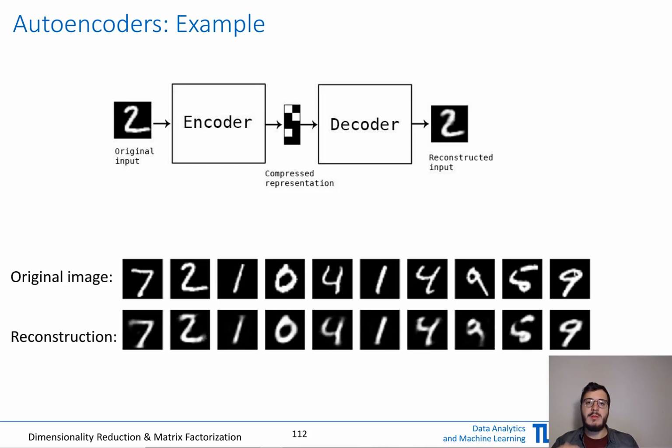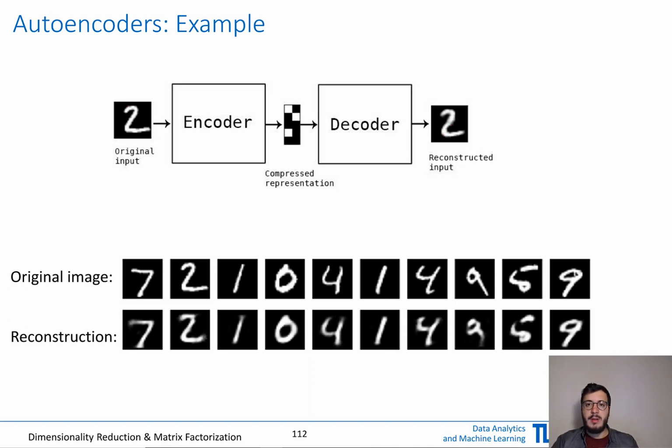And the way we're training the neural network is we're flattening these images into a long vector, passing them through the encoder part of the neural network, which then gives us a compressed representation, which is the output of the neurons at the bottleneck layer. Then given this compressed representation, this goes through the decoder and gives the reconstructed input. And we train this neural network by minimizing the differences from the output to the input.